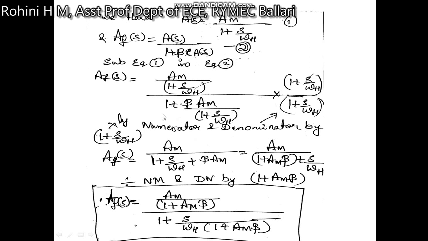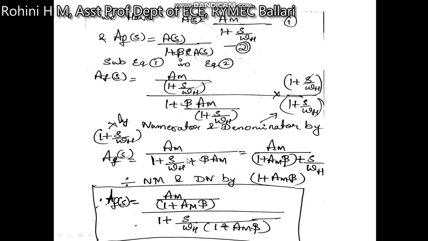In the denominator, 1 into this term gives 1 plus S divided by omega H, plus, the denominator and this term cancel, so we remain with only beta into AM.